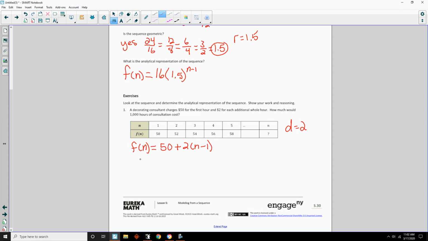Actually, I can simplify this. So f of n equals 50 plus 2n minus 2. I distributed here. 2 times n, 2 times 1. So 50 minus 2 is 48. So my function is f of n equals 2n plus 48.